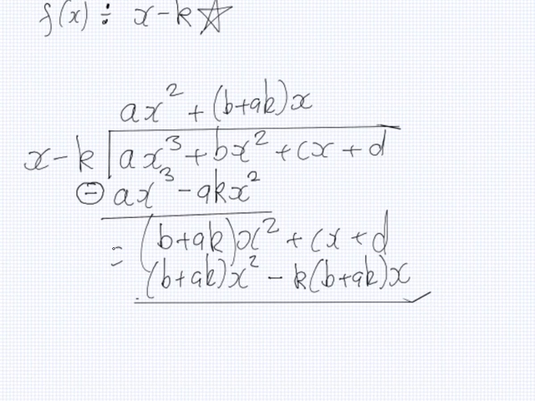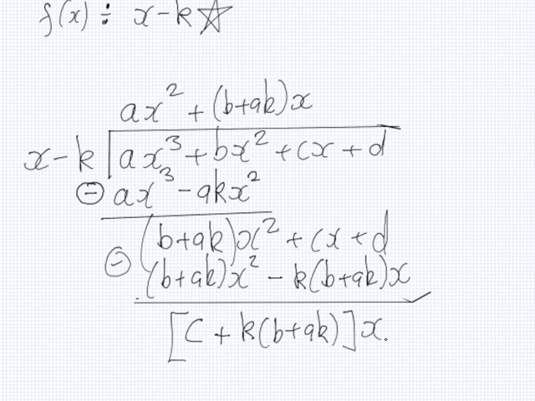So again I minus, these cancel, and now I'll be left with (c plus k(b plus ak)) x. Now we have to have double brackets here. Do we have a d and a cx? We'll get there as well. I have to carry the c and d down. Yeah. Oh, here, because it's minus. Yeah. And you're right, the d comes down as well.